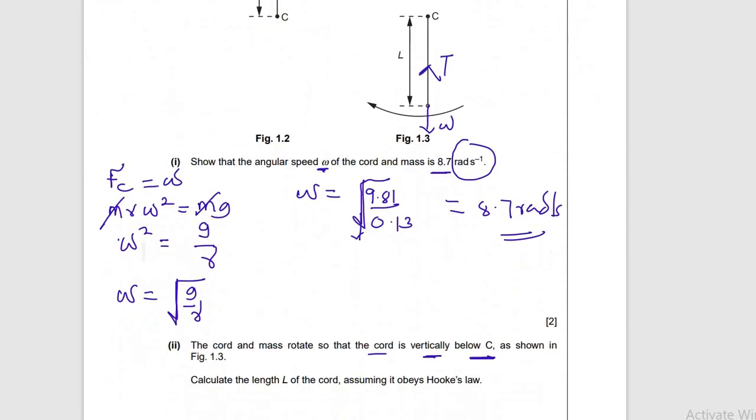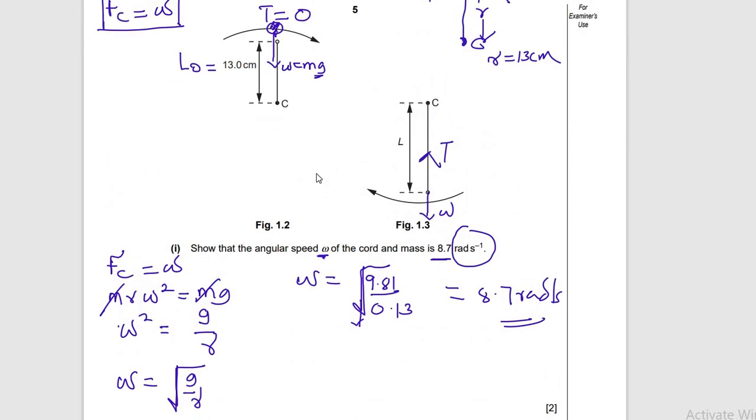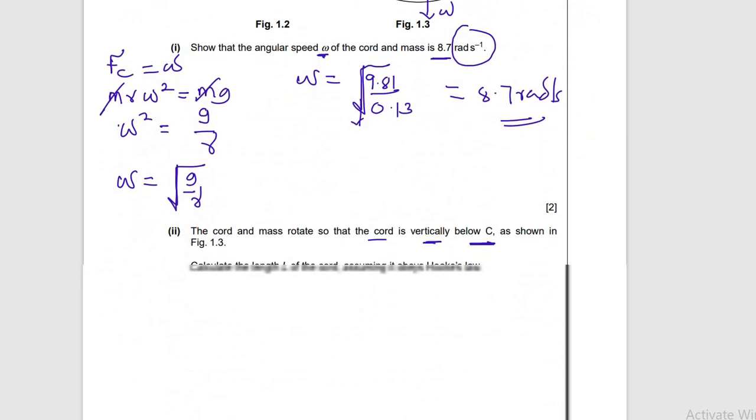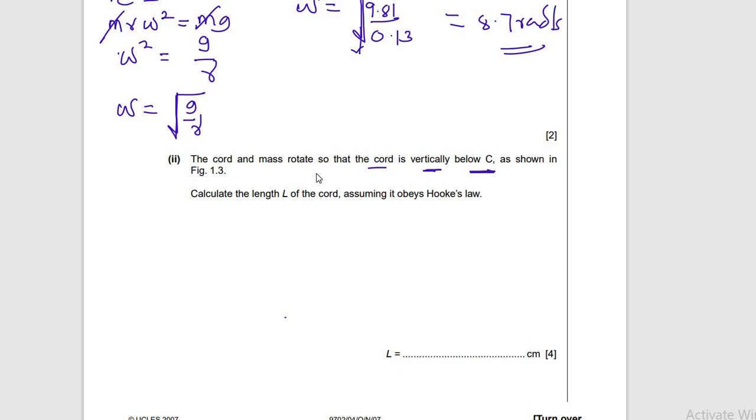So in this case, it is circular motion. The resultant force will be tension minus weight, and the resultant force is always the centripetal force. So the question asks us to calculate the length of the chord, assuming Hooke's law is obeyed. Remember, we have to find the length in centimeter.